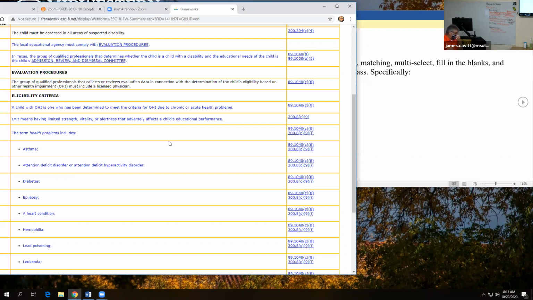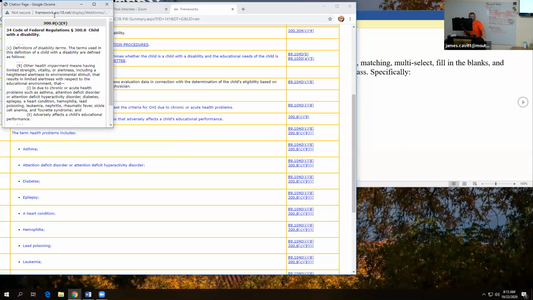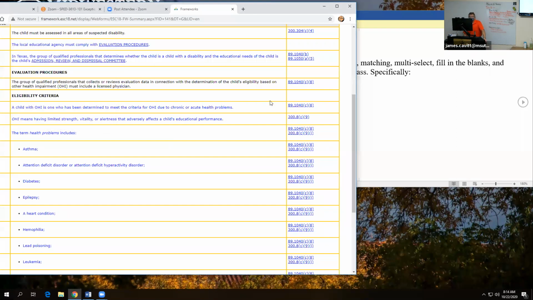Let's pull up the exact wording. It is due to a chronic or acute health problem, such as asthma, attention deficit disorder, etc., that causes a student to have adversely affected educational performance. And remember, it goes on.